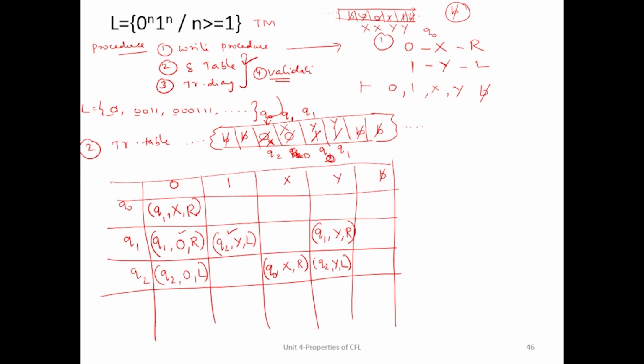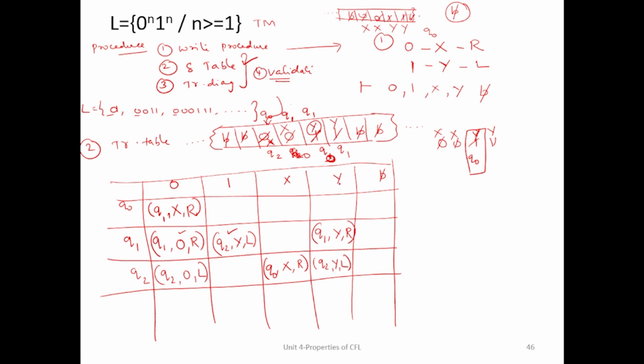So now Q0 reads a symbol Y. Which means what? All zeros are replaced with X, all ones are replaced with Y. If I am in the starting state reading the Y symbol, it means the process is completed. Equal numbers of zeros and ones are present, and those zeros and ones are replaced with X and Y. That is the main logic.